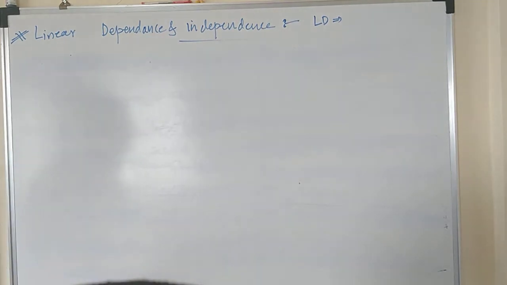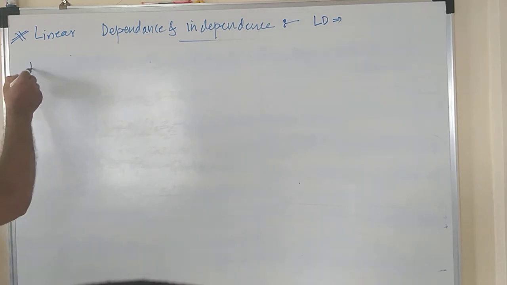So the second method of finding out the linear dependence and independence of the vectors is by using the Wronskian determinant, right?